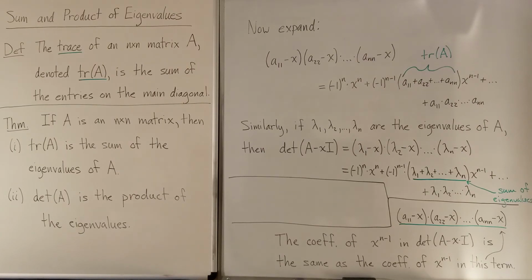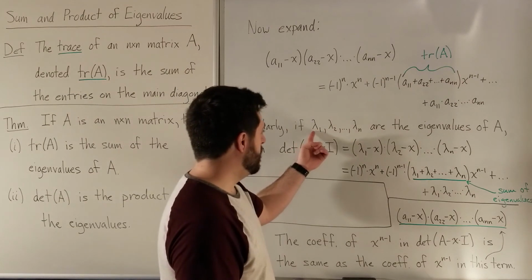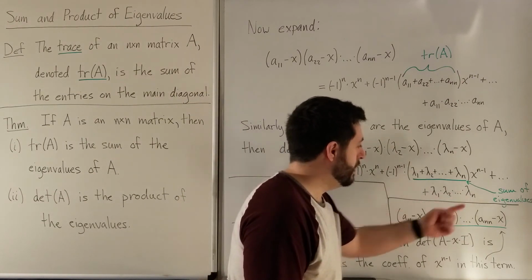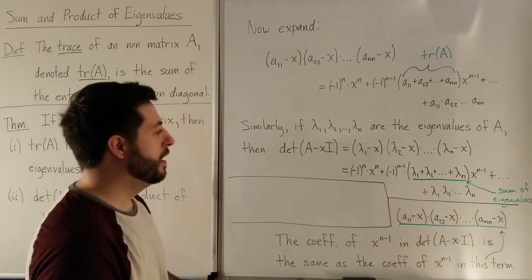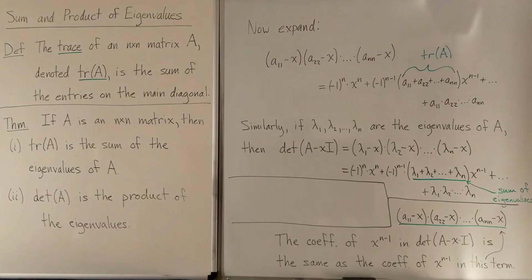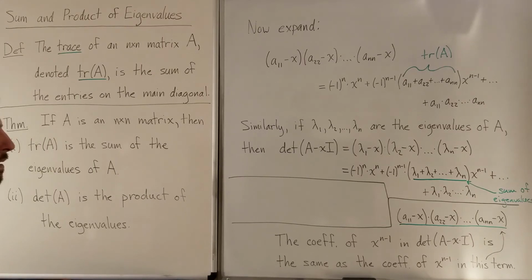Notice that we have the eigenvalues listed right here as lambda 1 through lambda n, and their product is sitting right here. It's the constant term of this characteristic polynomial. Well, another way to express the constant term of any polynomial is to evaluate that polynomial at x equals 0.